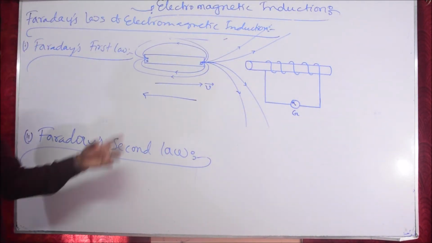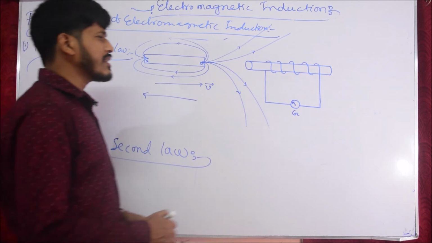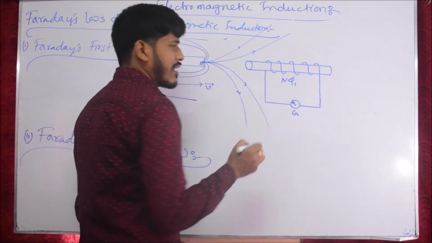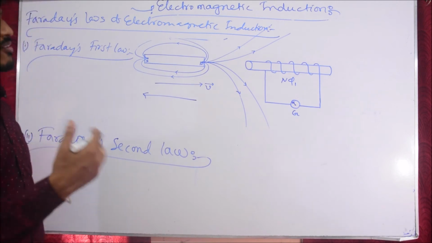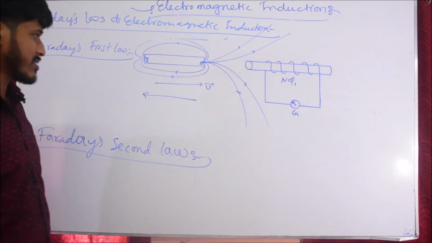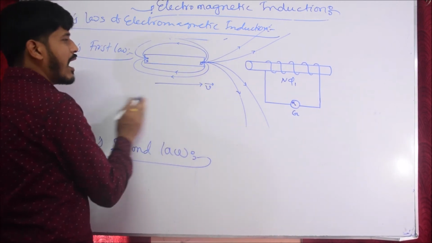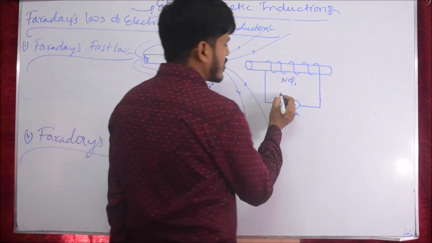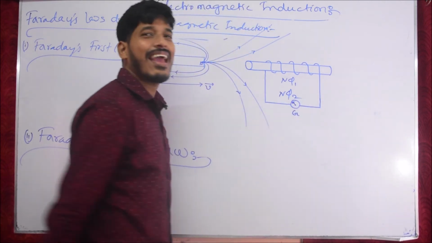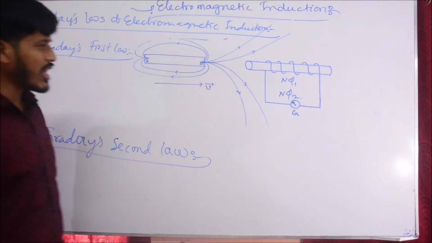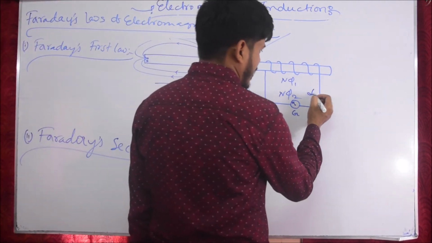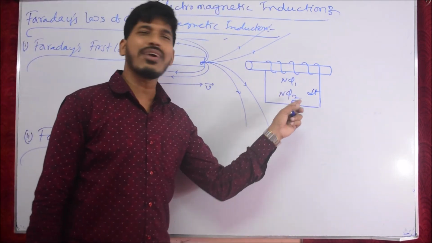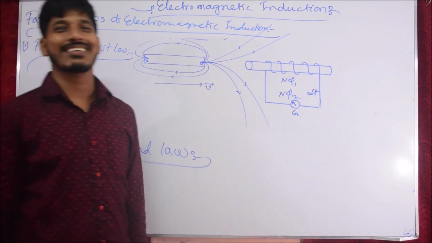সাপোজ আমার এই কন্ডাক্টরের, সাপোজ এইটার মধ্যে ইনিশিয়ালি ছিল N phi1, N নাম্বার অফ টার্নস, and phi1 হচ্ছে ম্যাগনেটিক ফ্লাক্স। Now I am moving the magnet towards the coil, and finally its flux linkages is N phi2. তো চেঞ্জ ইন ম্যাগনেটিক in time dt, in time dt N phi1 to N phi2, the magnetic flux changes.